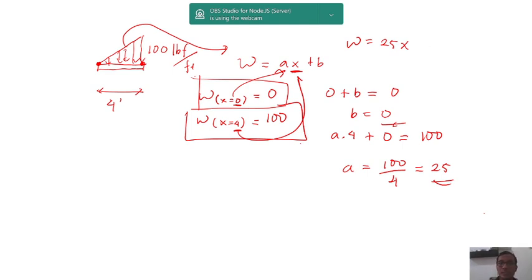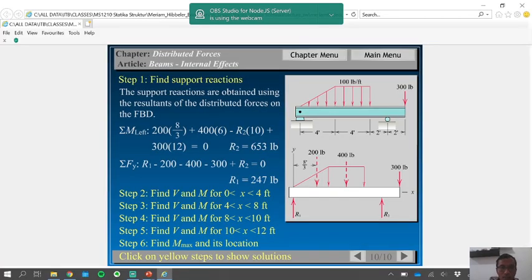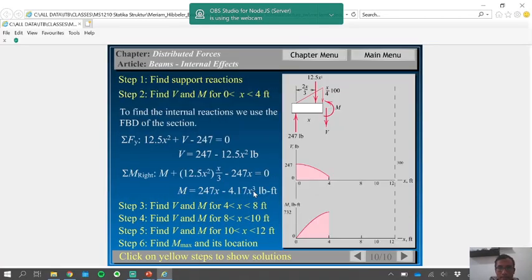So this is your equation for w. W is equal to 25x. That's why here you can see the w is the same as 100x divided by 4, which is the same as 25x.